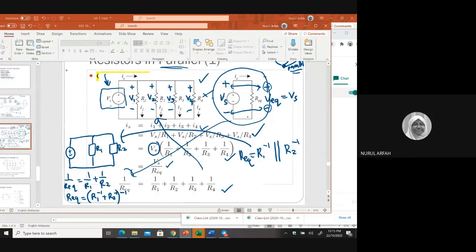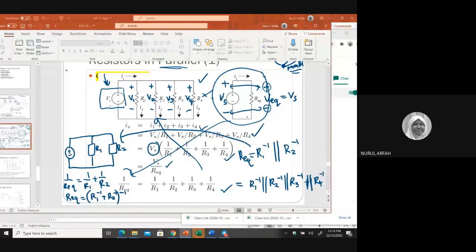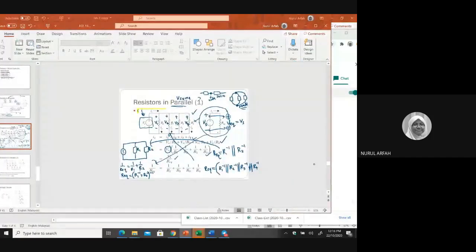But if you want to write it down for R here, this is R1 inverse, R2 inverse, R3 inverse, sorry, R4 inverse. And you need to inverse everything in order to get R equivalent. So you need to inverse everything here.